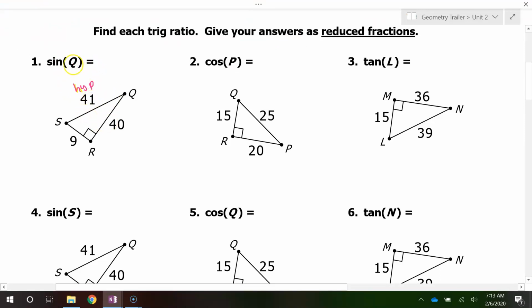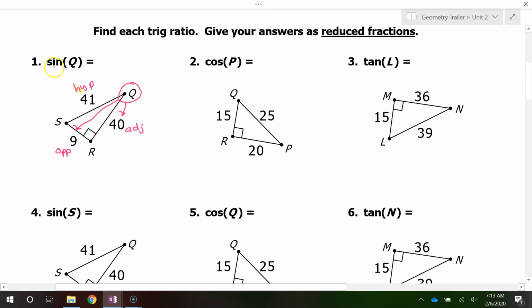Now we need to focus on the angle that we're talking about, the sine of angle Q. So let's circle that angle Q and draw an arrow across from angle Q. This will be the opposite leg. The other one that is close by is the adjacent leg.